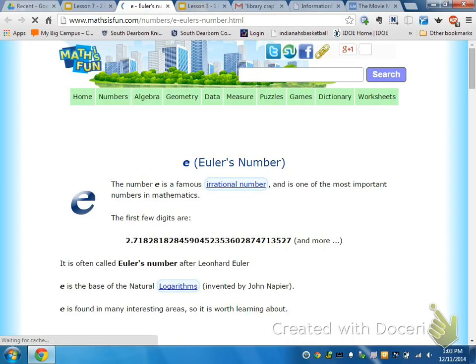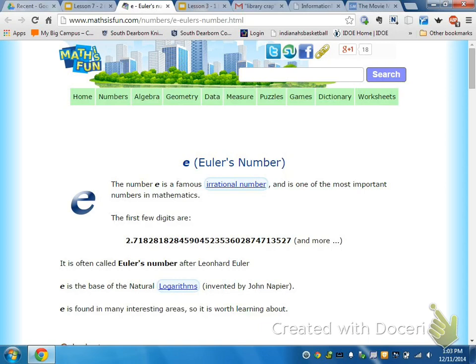Hey, math is fun. Euler's number. The number e is a famous irrational number and is one of the most important numbers in mathematics. Here are the first few digits of e. Have those memorized by Monday. Which first few, do you mean all of them? Yeah. I'm kidding.